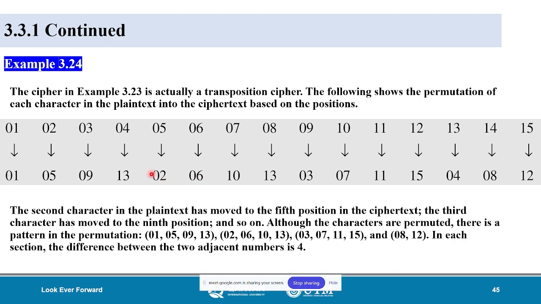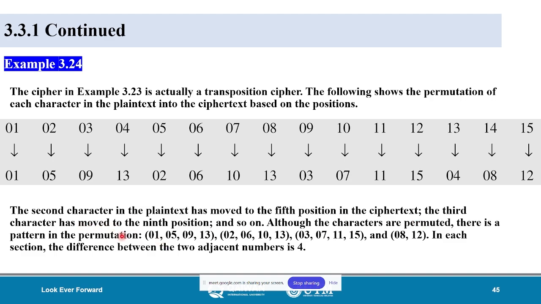You see 1, 2, 3, 4, and we did not get 5. Between 1 and 2 we have 3 digits, between 2 and 3 again 3 digits, and between 3 and 4 again 3 digits. The second character in the plaintext has moved to the fifth position in the ciphertext, and so on.